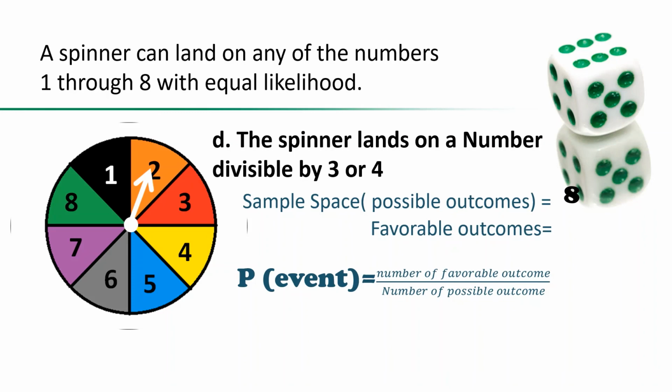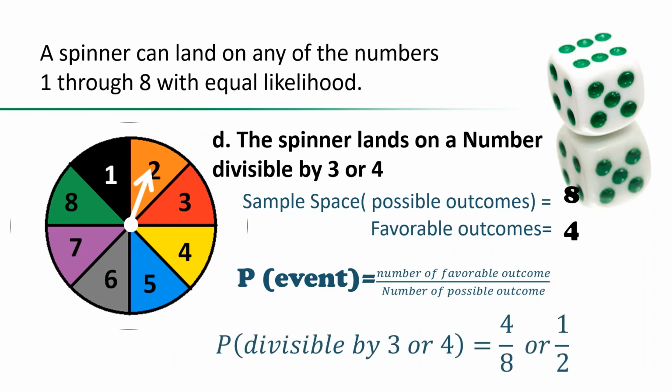And 4 is divisible by 4, 8 is divisible by 4. So meaning, there are 4 favorable outcomes. So using our formula, we will come up with the probability of landing on a number divisible by 3 or 4 is equal to 4 over 8 or 1/2.